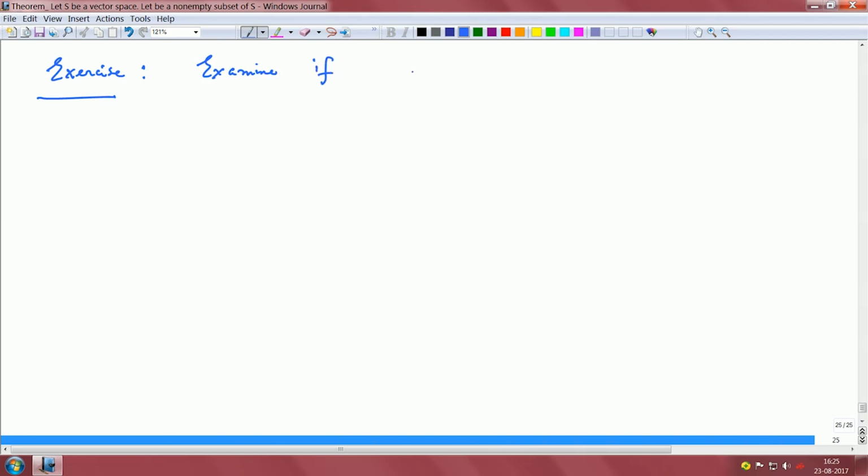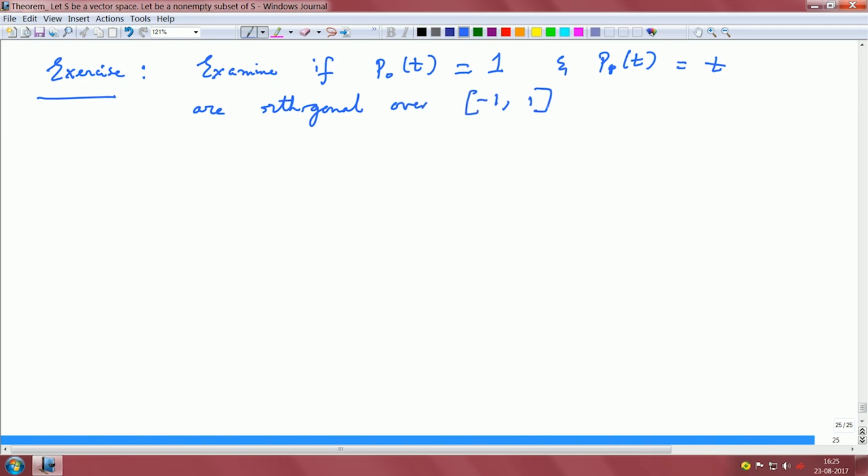Examine if P0 of t equals 1 and P1 of t equals t are orthogonal over the interval -1 to +1.